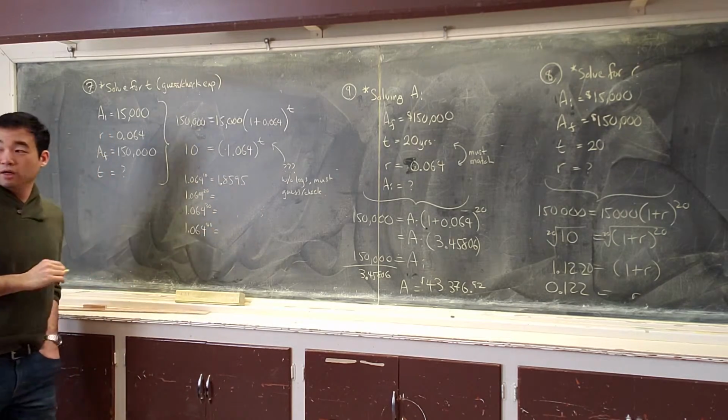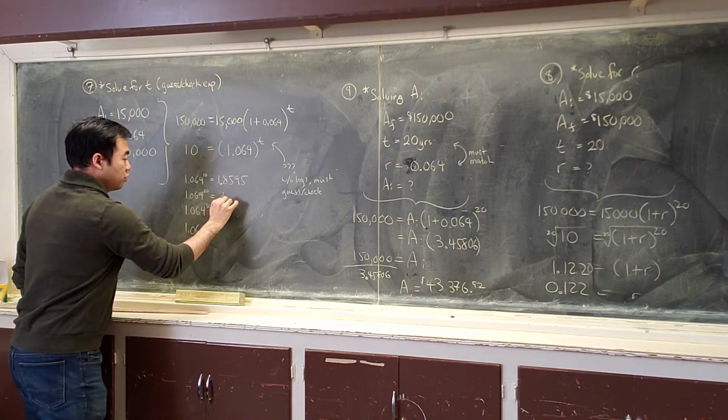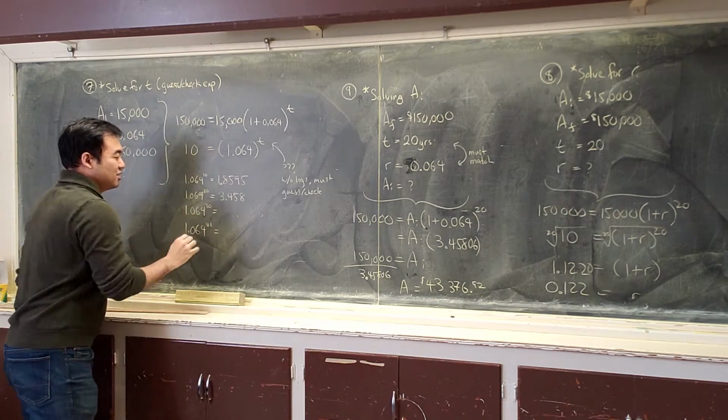Okay. The power of 20 gives 3.458. Still not enough.